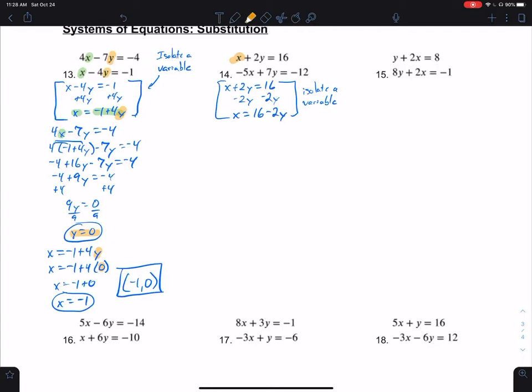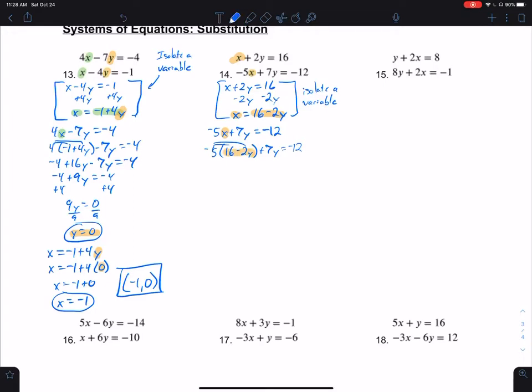And now I can take that x is equal to 16 minus 2y, and I'm going to plug it in for my x value. So negative 5x plus 7y is equal to negative 12. And we're plugging in for x. So negative 5 times 16 minus 2y plus 7y equals negative 12. And now I can solve for y.